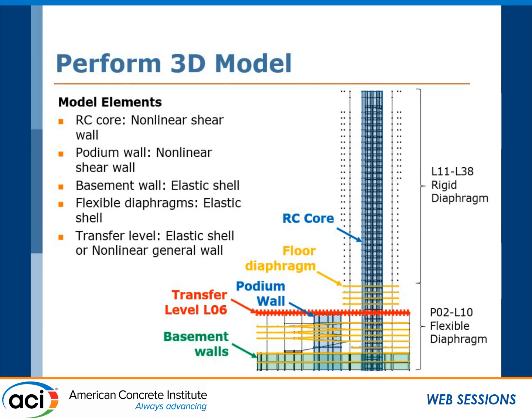But for the transfer level, in order to do the nonlinear modeling and the comparison with the linear elastic, we used the elastic shell, which was originally used, and then we used the nonlinear general wall to model the nonlinear behavior. Additionally, when we're looking at the tower level to do the comparison using a beam analogy, we used the elastic shell to model the tower level as well.